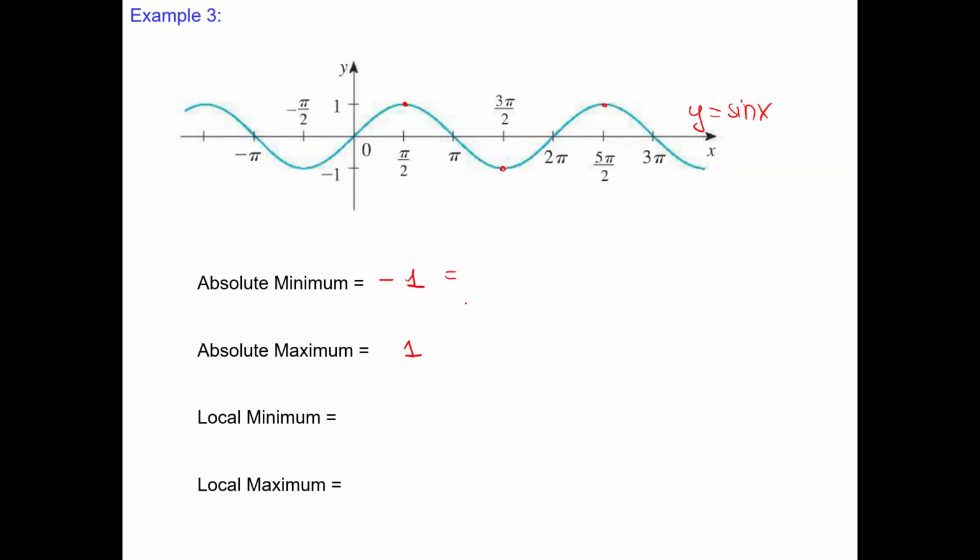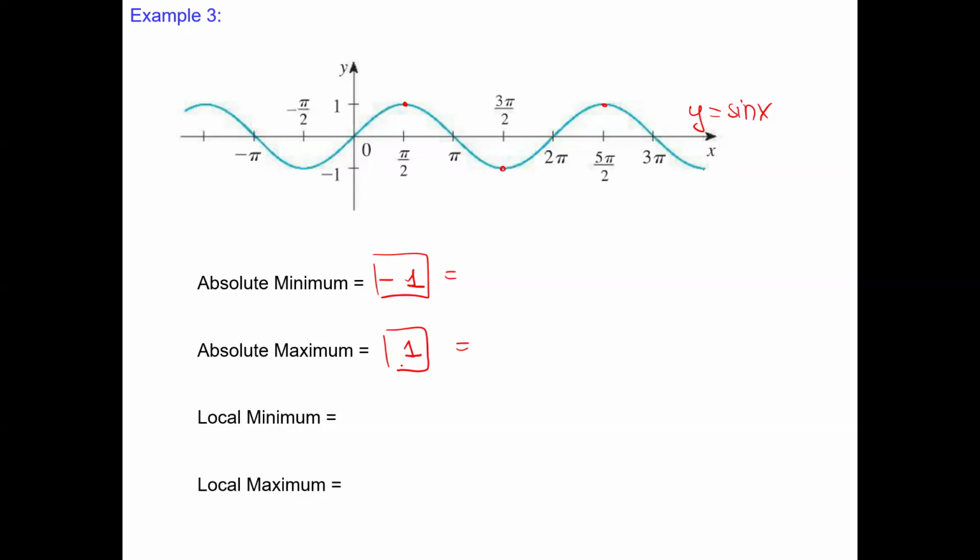Now we have to be really careful, because the absolute highest or absolute lowest value must be just one exact value. We cannot say this function has infinitely many absolute minima or maxima. It happens infinitely many times, but the value itself is only one, because we can only have one highest value. We cannot have two highest values, or respectively lowest values.